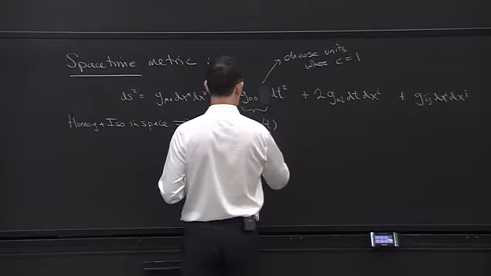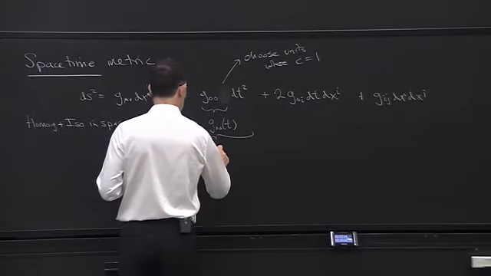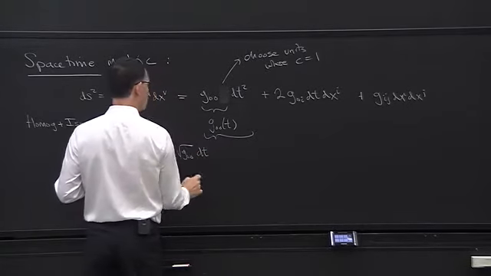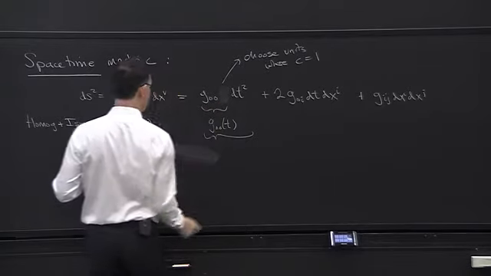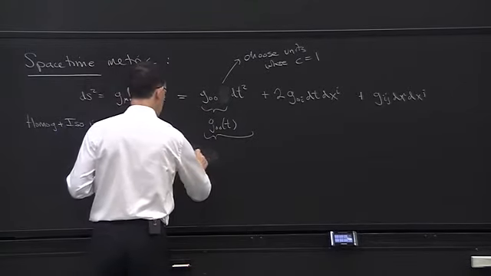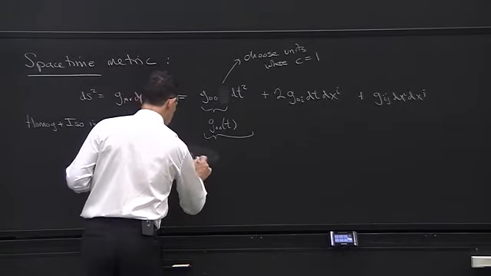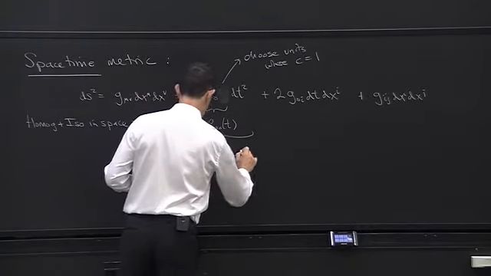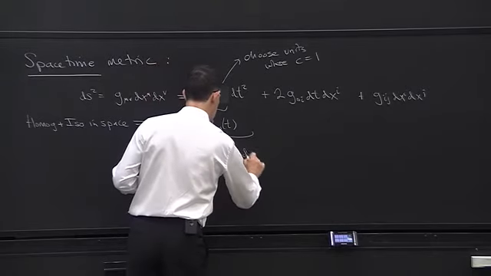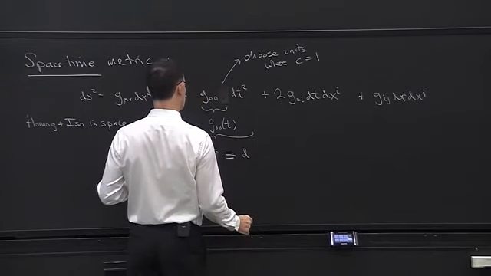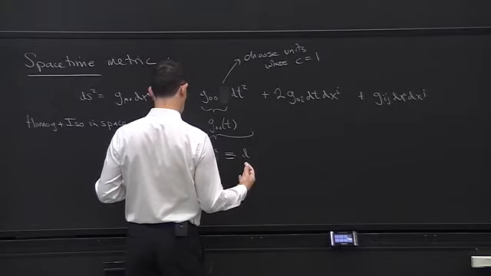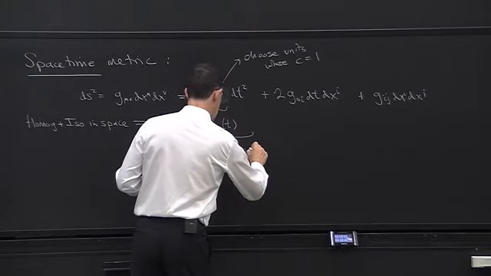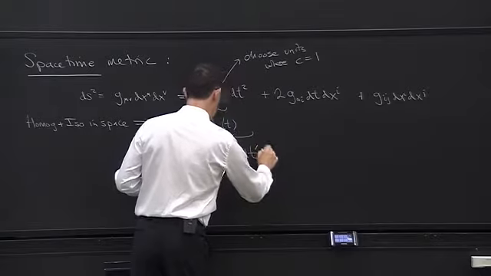And now, actually, you can just remove it by defining dt square root of G0. Let's do it this way. G0 will be negative, and so minus G0 dt squared is going to be defined to be, let's just call it, dt prime squared.